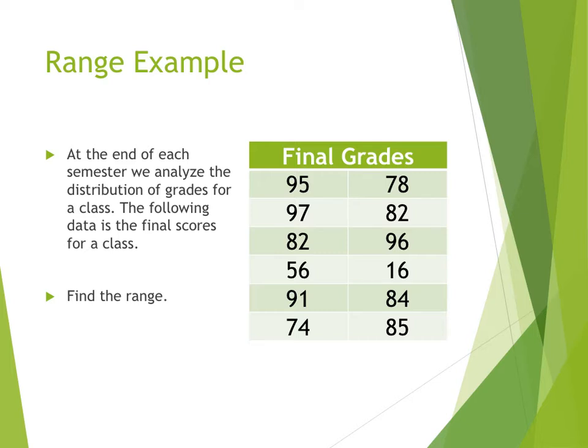So doing this by hand, you're looking for your smallest. So we have 16, and we have a largest value of 97. So you're going to do 97 minus 16, which is 81.